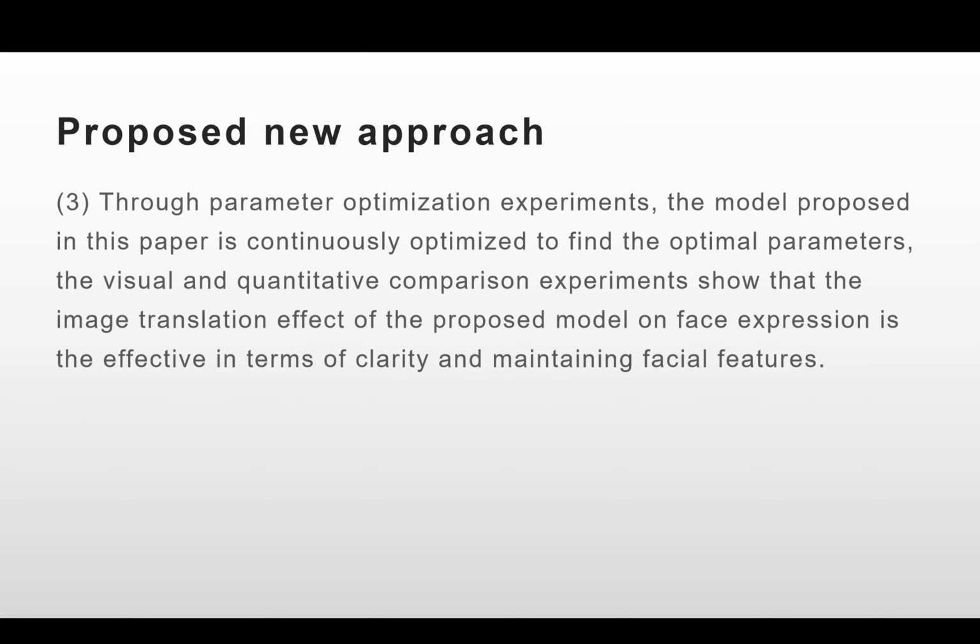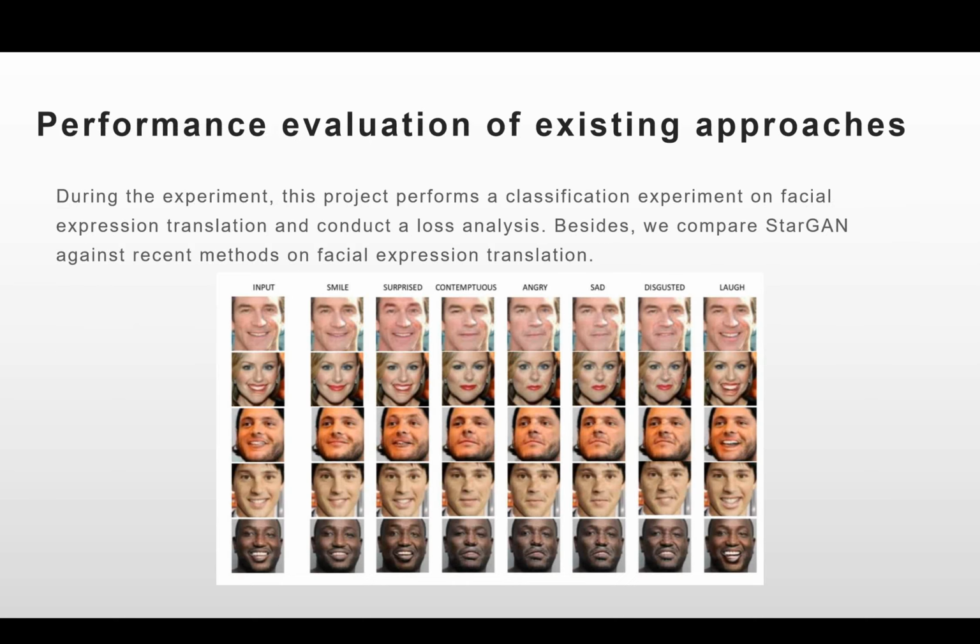Lastly, through parameter optimization experiments, the model proposed in this paper is continuously optimized to find the optimal parameters. The visual and quantitative comparison experiments show that the image translation effect of the proposed model on fixed expressions is effective in terms of clarity and maintaining facial features.